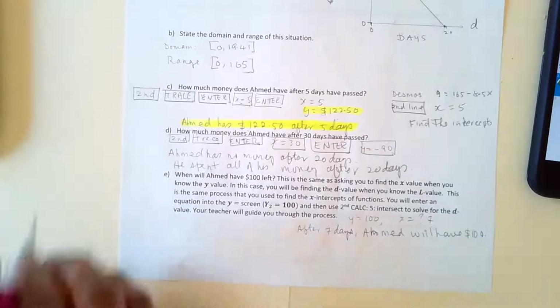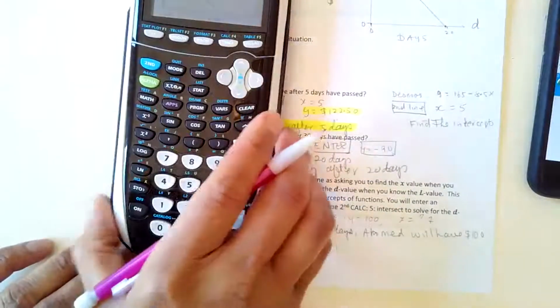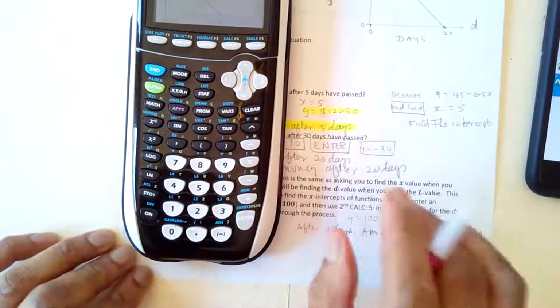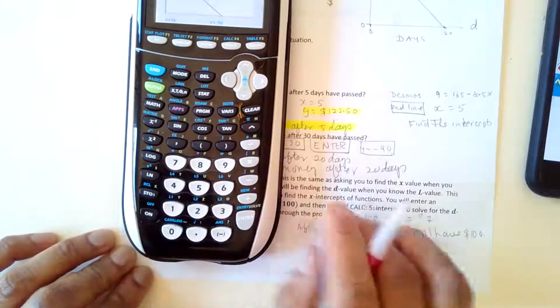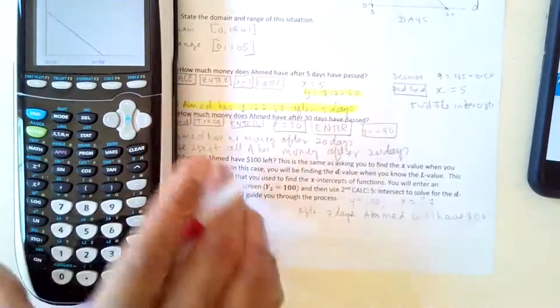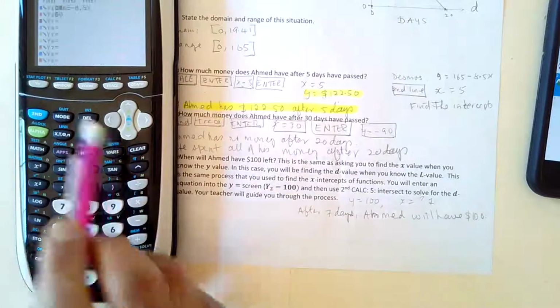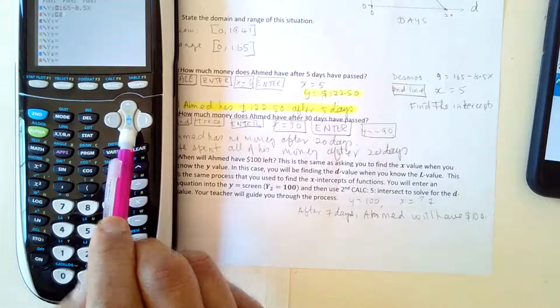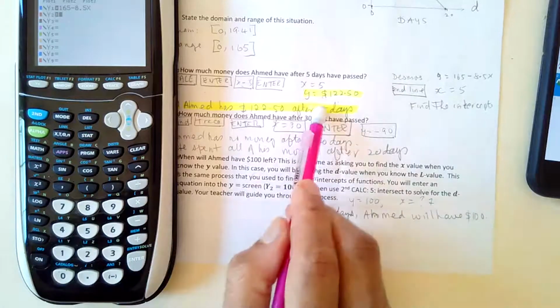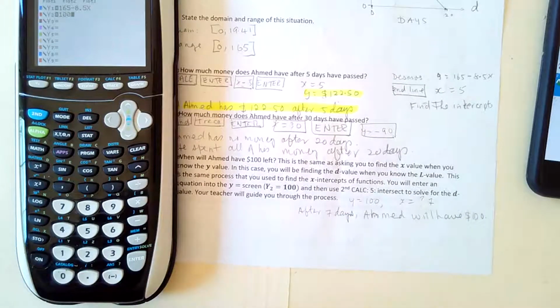You have $100 left. Now, on your graphing calculator, it's a different process, and it's all written here. So what you will do in the graphing calculator, you will go to your y equal button, and in your y2, put the value for y. In this case, it is 100.